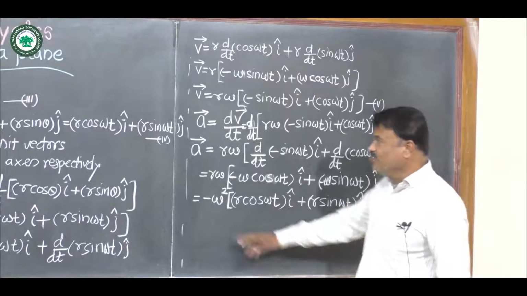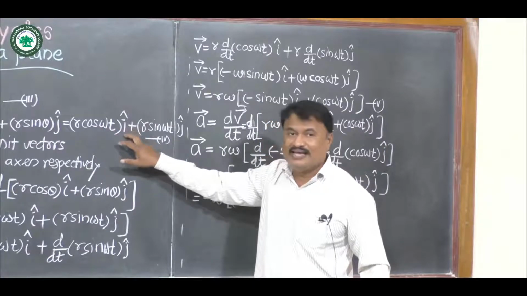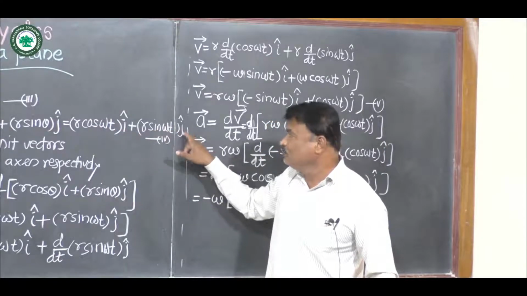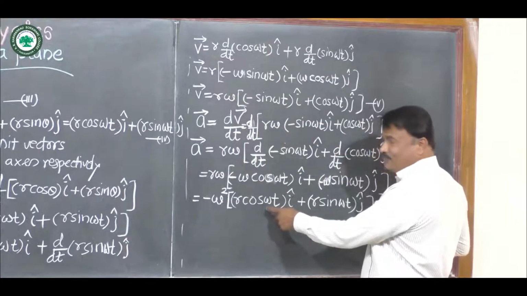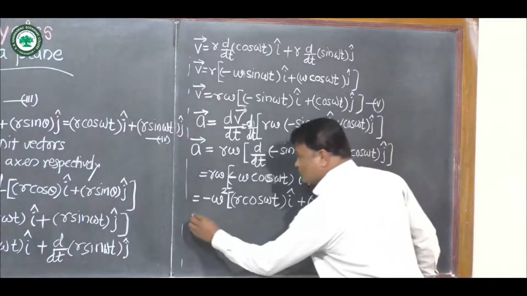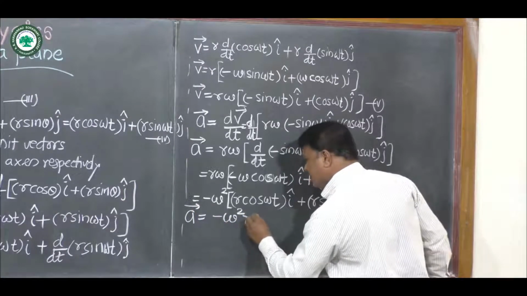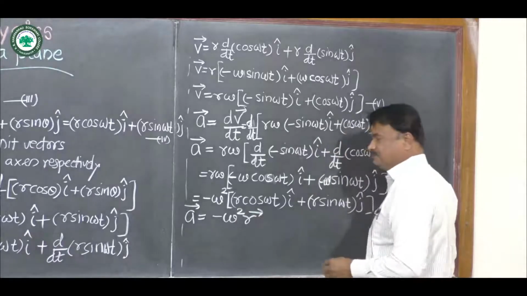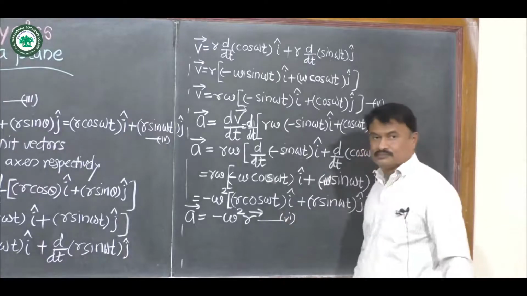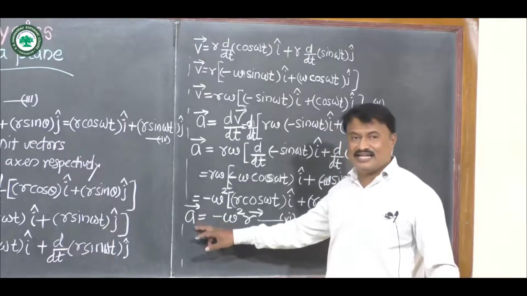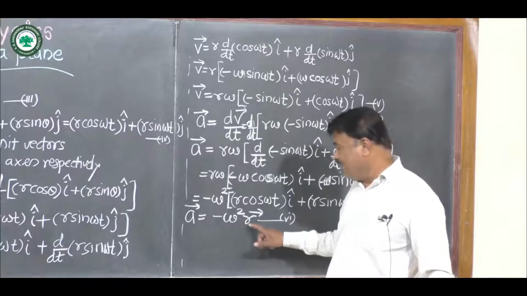But we know that according to equation 4, r cos omega t into i cap plus r sin omega t into j cap is equal to vector r. So instead of this bracket we write directly vector r, so we get vector A is equal to minus omega square into vector r, equation 6. Now in that case A is the acceleration, omega is the angular velocity, and r is the radius vector.